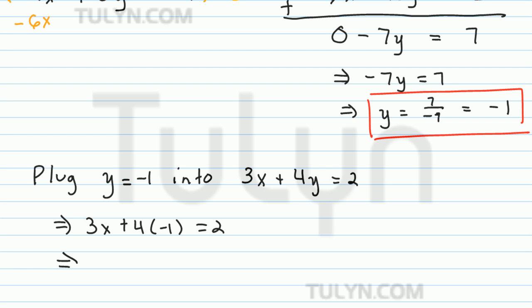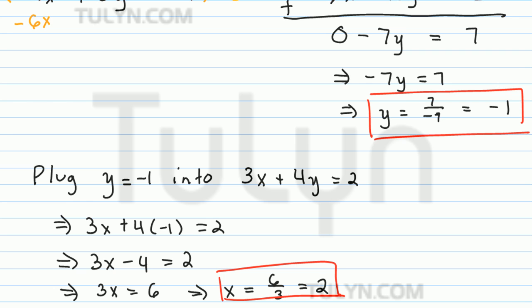And now simplifying it further, we get 3x minus 4 is equal to 2. And now adding 4 to both sides, we get 3x is equal to 6, or x is equal to 6 over 3 if I divide both sides of the equation by 3. And 6/3 is also known as 2.